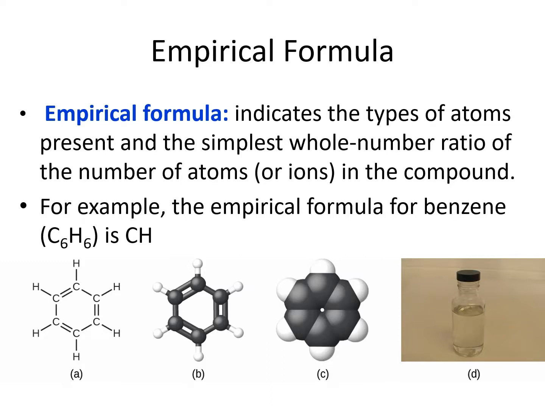If we wanted to write the empirical formula for benzene, C6H6, to get the lowest whole number ratio, we would divide each of the subscripts on both carbon and hydrogen by 6 to get subscripts of 1 for each of them. Generally, for coefficients and subscripts of 1, we leave the 1 off, so we would write the empirical formula of benzene as CH instead of C1H1.